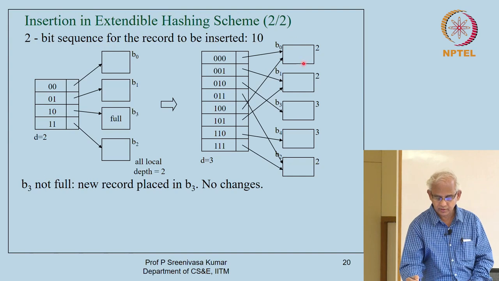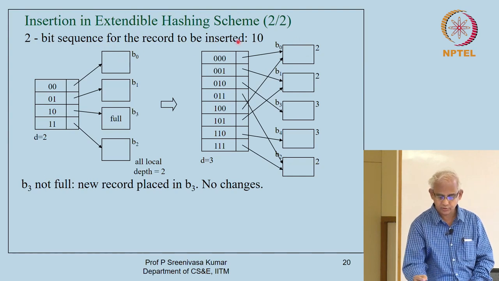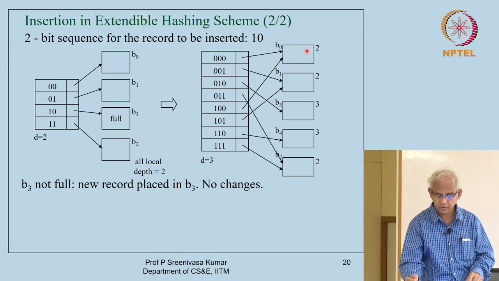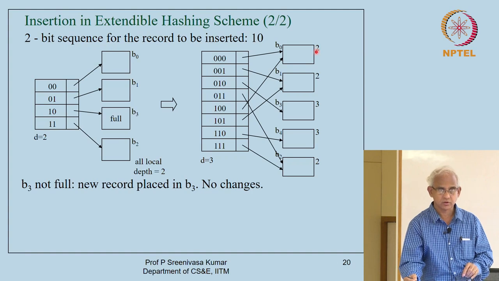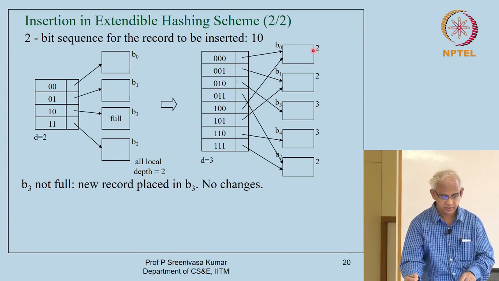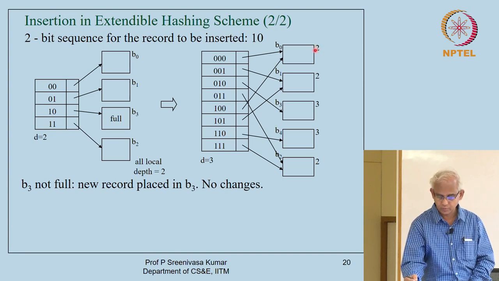In the new directory, this B0 will continue to be there as it is, but now it has become a bucket with depth 2, one less than the global depth, which has become 3.